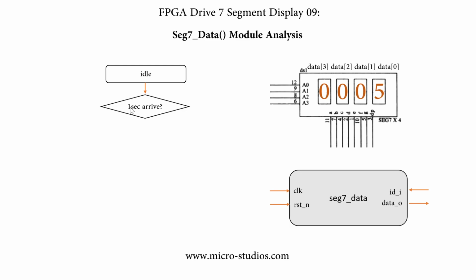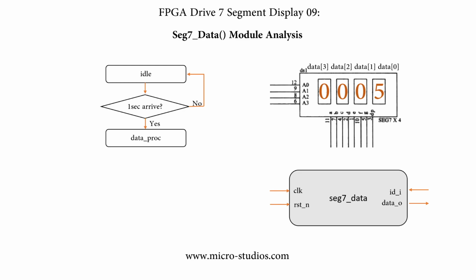The 1 second clock will be generated by one clock divider. If it has not arrived, it keeps staying in the idle state. If it arrives, it will go into the data process.